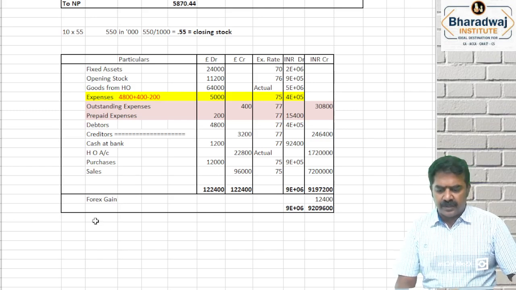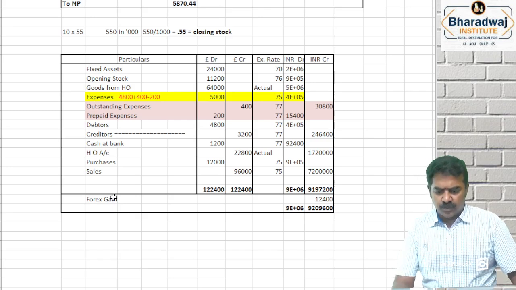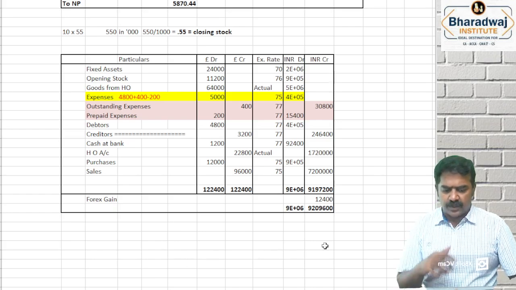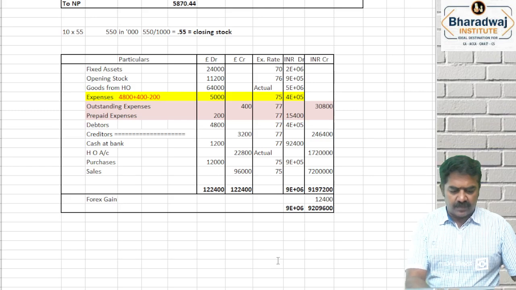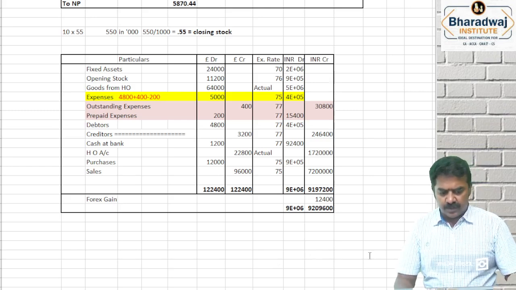That is at 150. So what will be the invoice price? Everything should be converted into invoice price: 19,50,000 into 120 by 150. This is 150, what is 120? This will give us which one? Invoice price of goods sold.